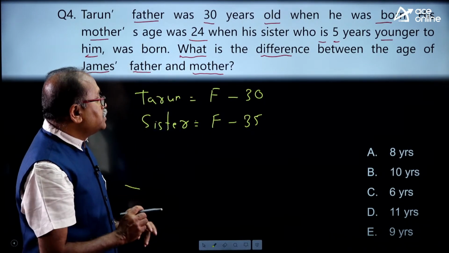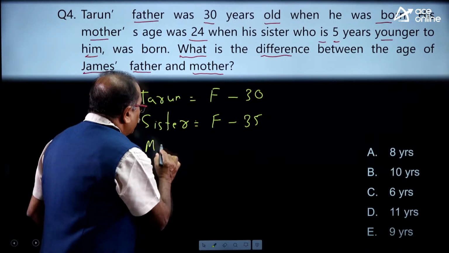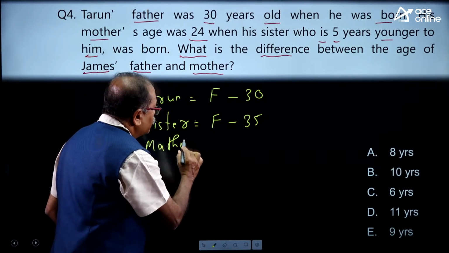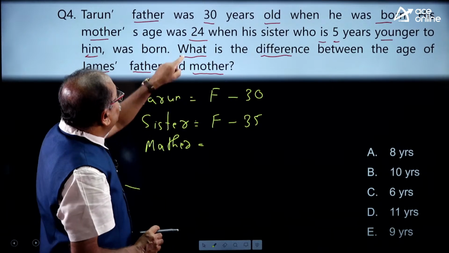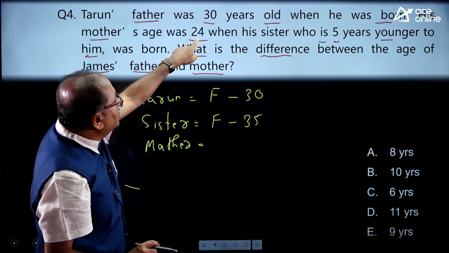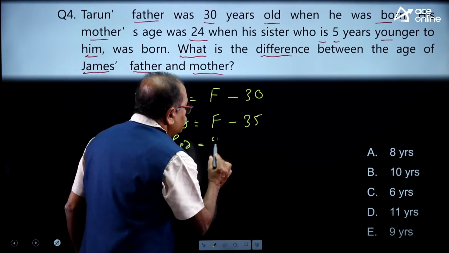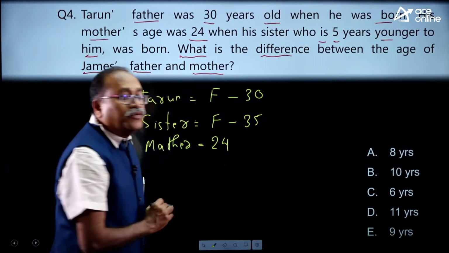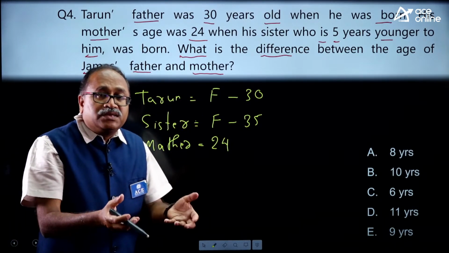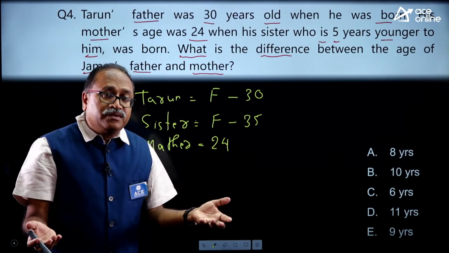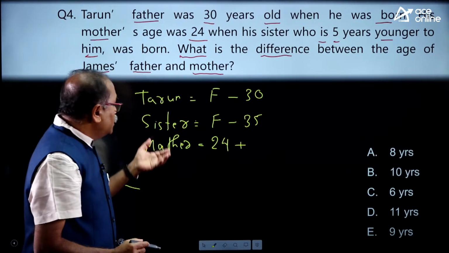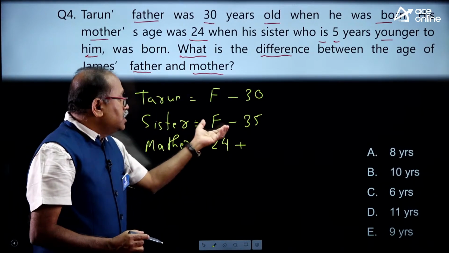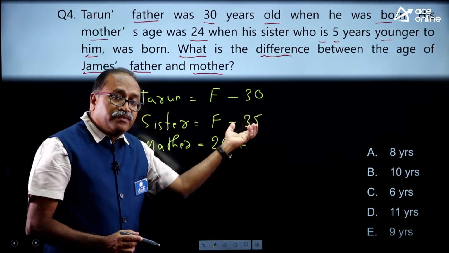And the next information I will use is, what is mother's age? The mother's age is 24 years plus the age of the sister. So, what is the age of the sister? The age of the sister is F minus 35.